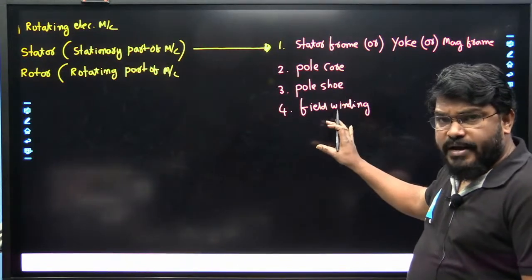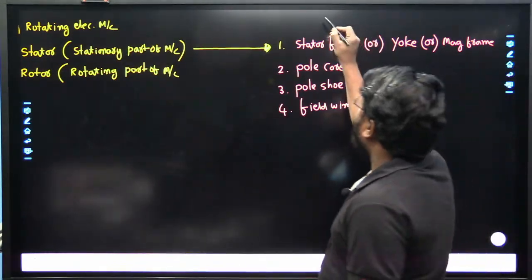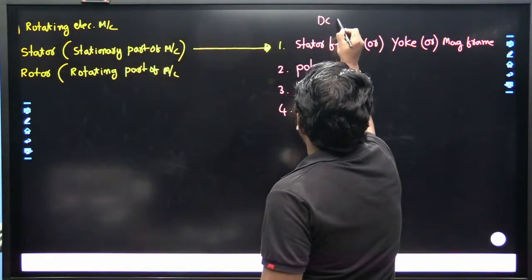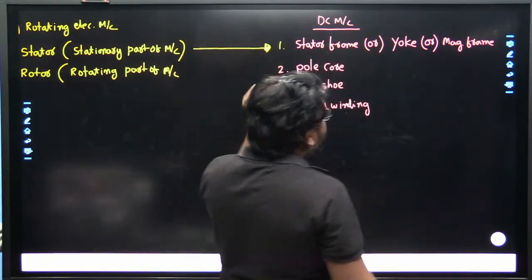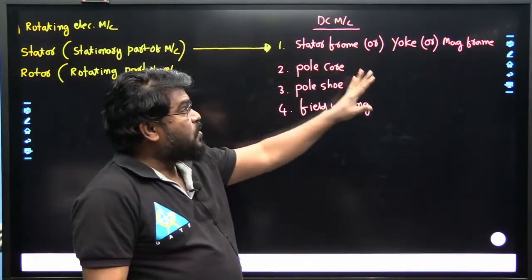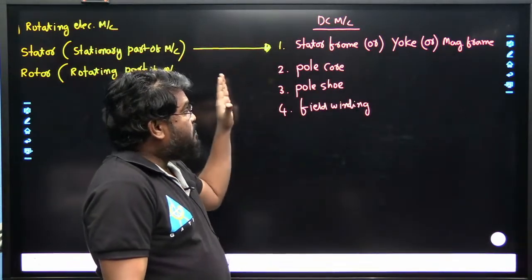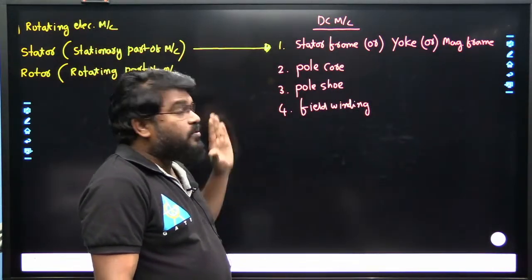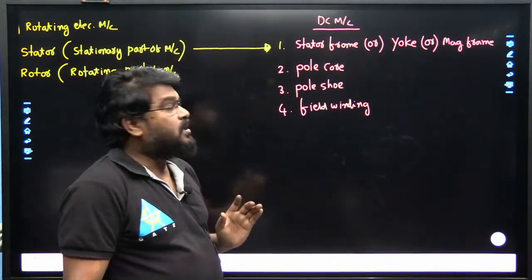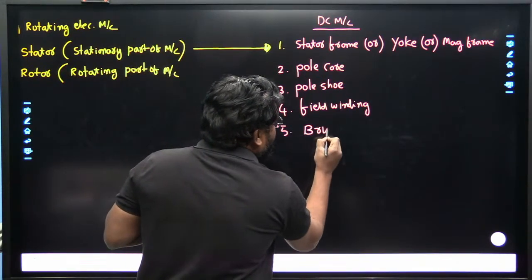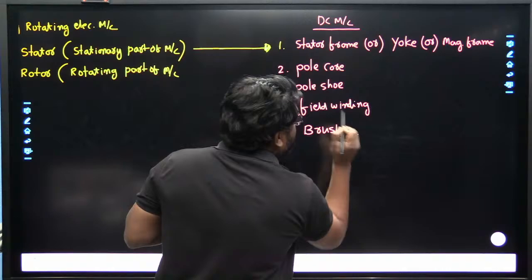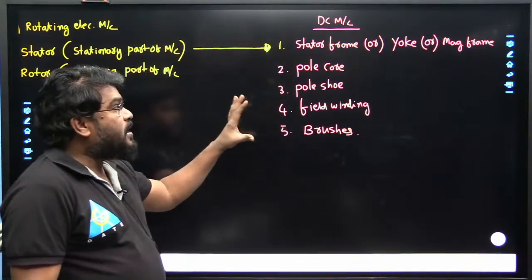The field winding, especially in the DC machine. What are the stationary parts? One is the stator frame, also called the yoke or magnetic frame, then the pole core, pole shoe, and the fourth one is the field winding of the machine. And the fifth one is the brushes. Brushes are also treated as a stationary part of the machine.